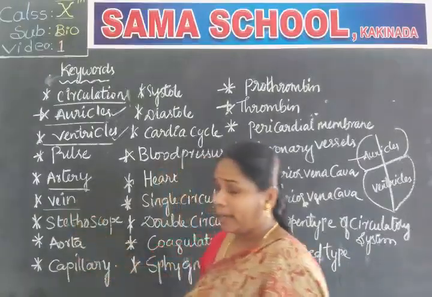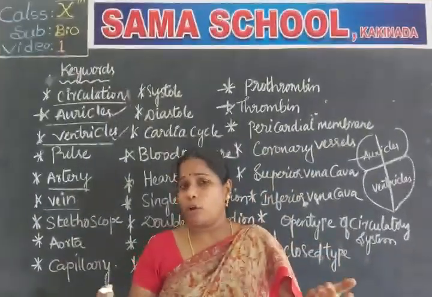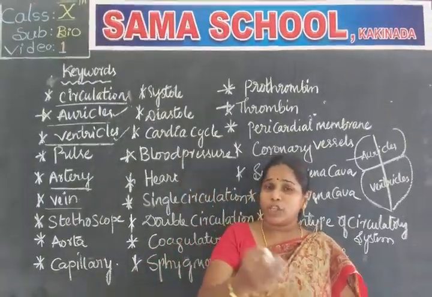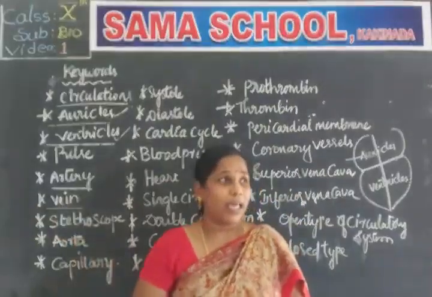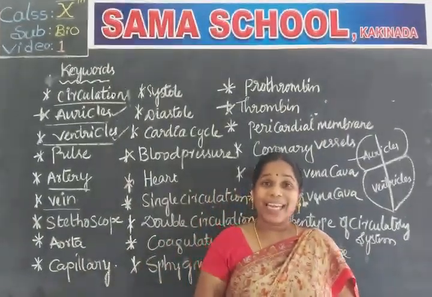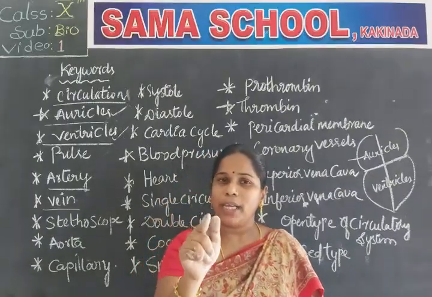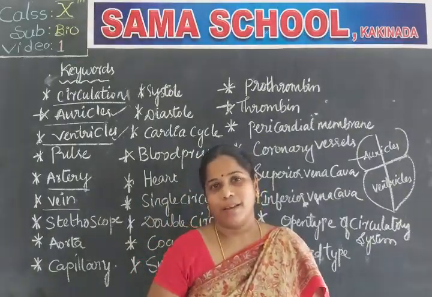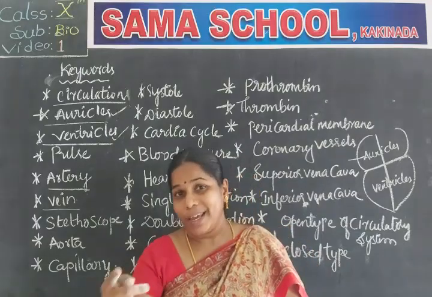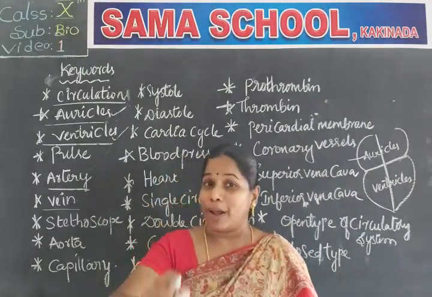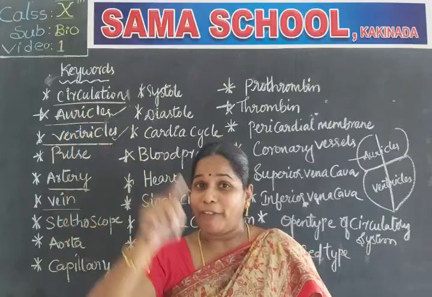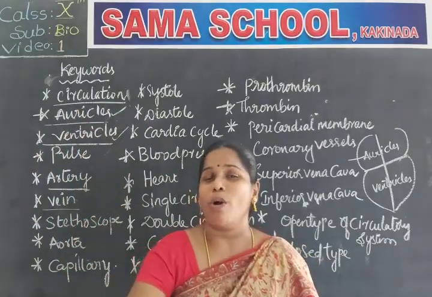Now next we'll go over the vein. You can understand, the vessel which carries oxygenated blood is an artery. A vein is the vessel which carries the deoxygenated blood from the body to the heart. You can see my version here. Here I am saying artery means from the heart to various parts. Vein means from various parts to the heart.